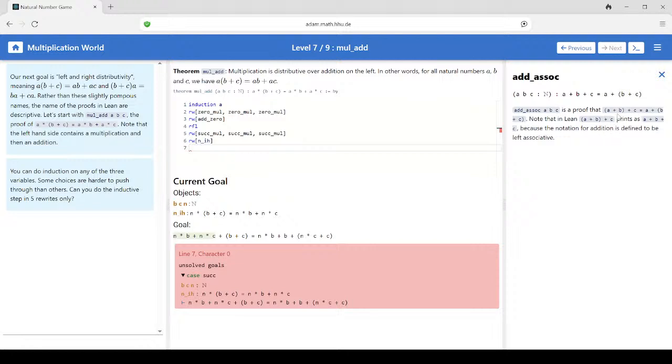This is the proof that a plus b plus c is the same as a plus b plus c. It's just these parentheses. I need to somehow wrangle the parentheses into the right place.